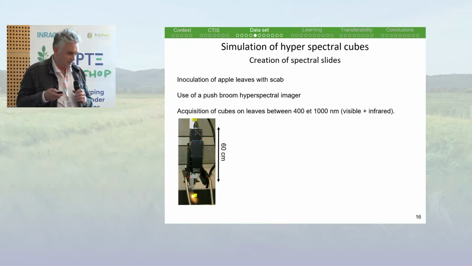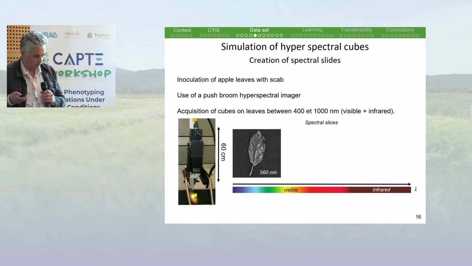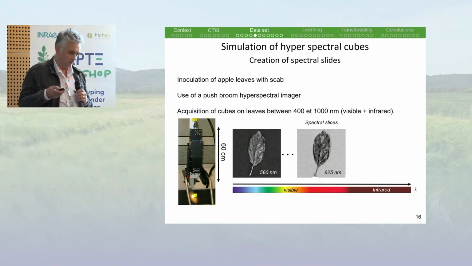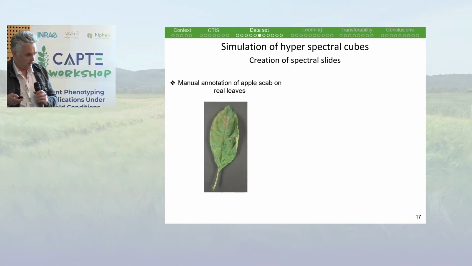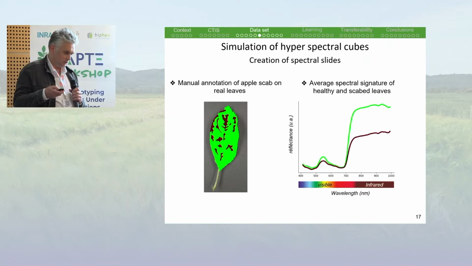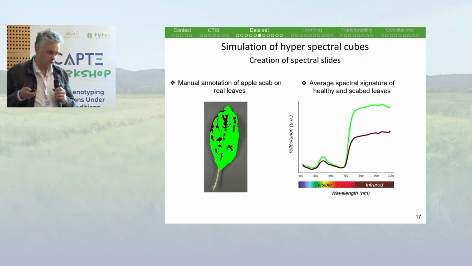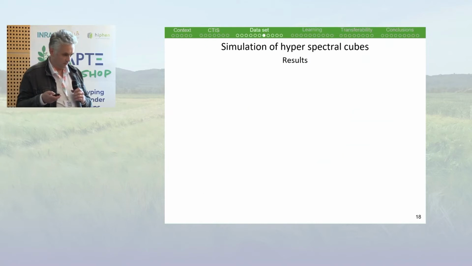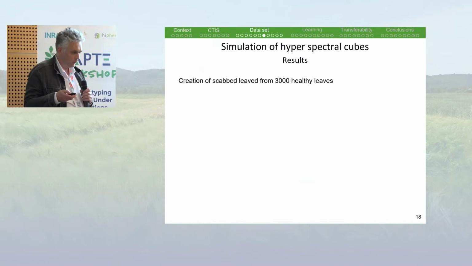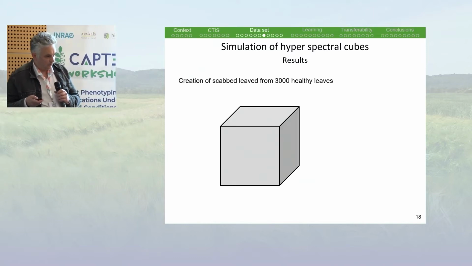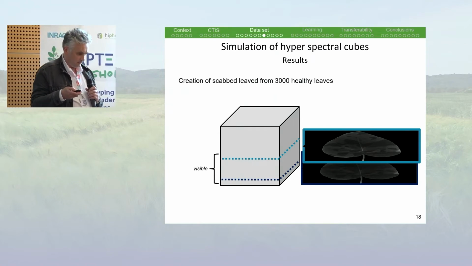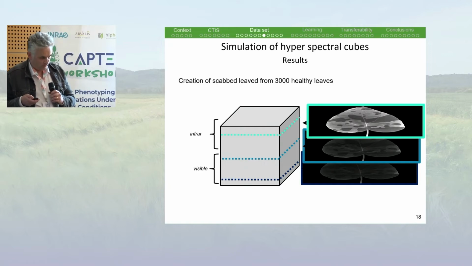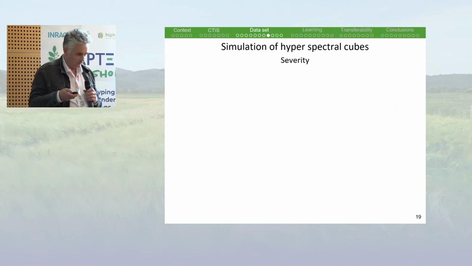The spectral slices are based on real images acquired on a push broom hyperspectral imager and on real leaves. And we record, after manual segmentation, the healthy average spectrum and the scabbed spectrum. In the end, we create 3,000 healthy leaves, reconstructing this realistic spectrum in the visible and infrared domain.